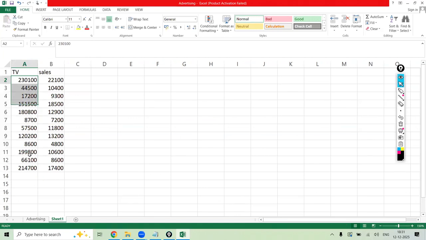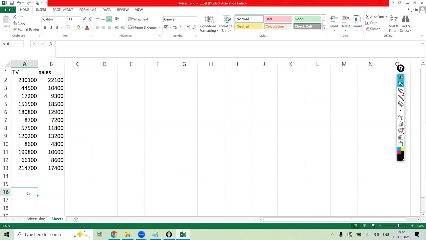This is the marketing amount they are spending, and this is the sales which they are getting. Now the question is, we have to estimate the sales value based on how much they are investing on the advertising.